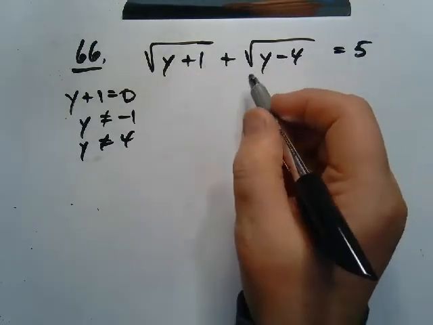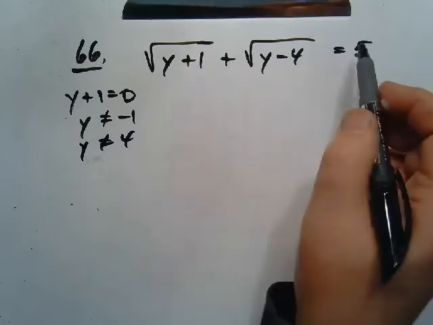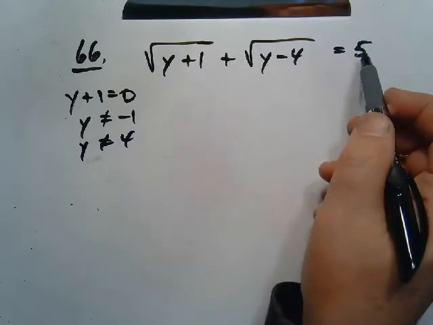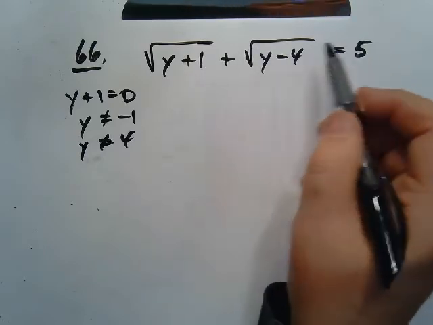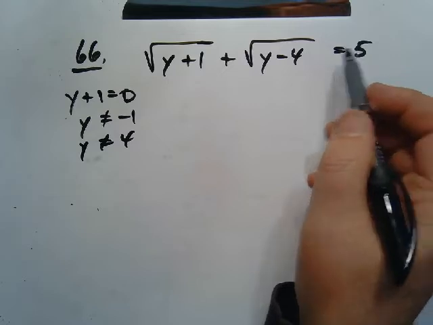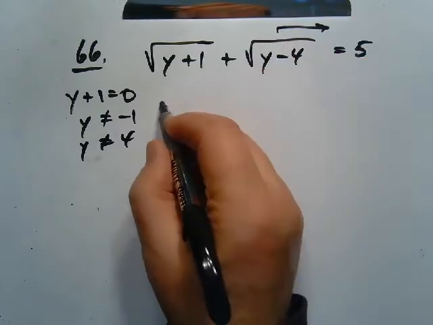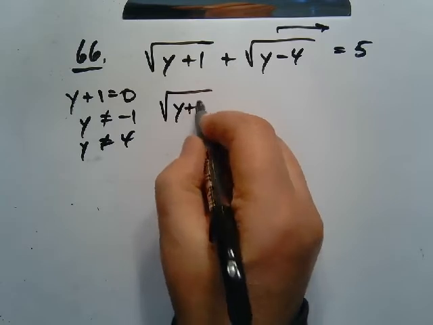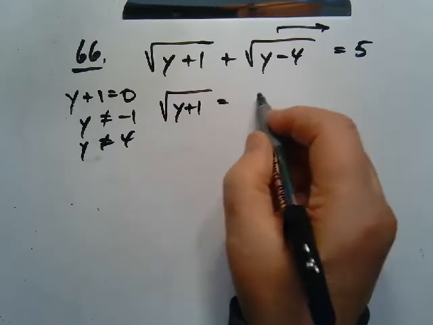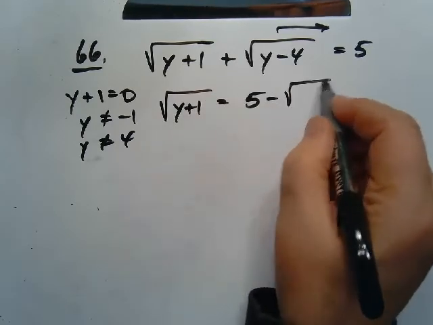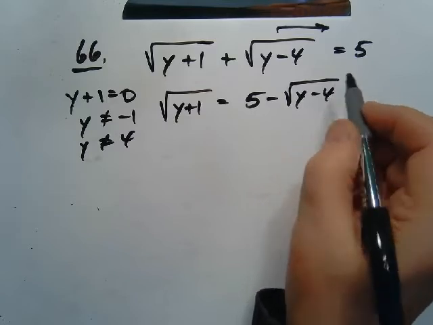Now, how do you do these? Well, basically, you try to get one of the radicals alone first. And usually we try to get the simplest one alone first, so it doesn't really matter here. I'm going to move this one that way, so I've got the square root of y plus 1 equals 5 minus the square root of y minus 4.